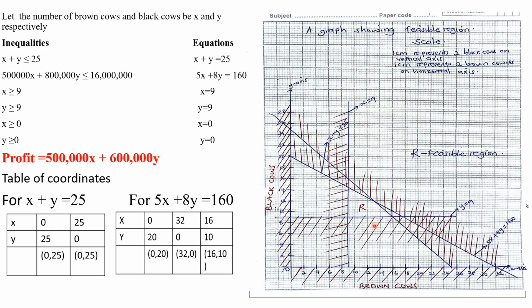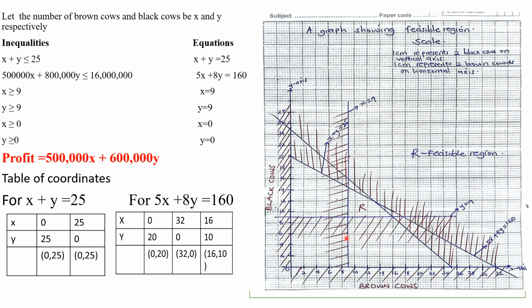Then after doing that, you come and show all those inequalities on the graph, on the Cartesian plane. X is greater than or equal to 9. If this is the line x is equal to 9, where are the integers greater than 9? Those are the integers on the right.